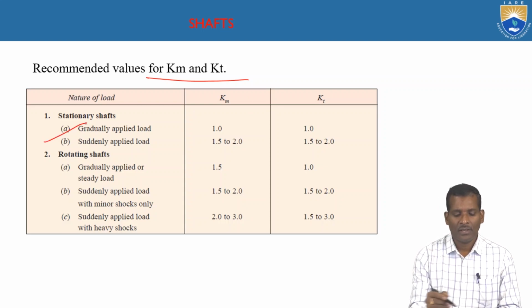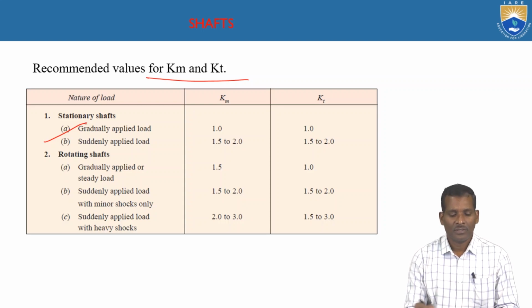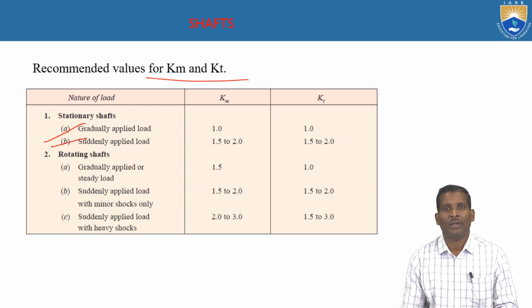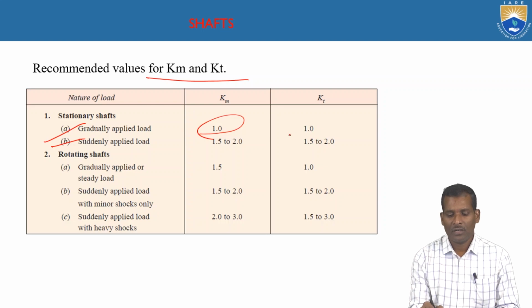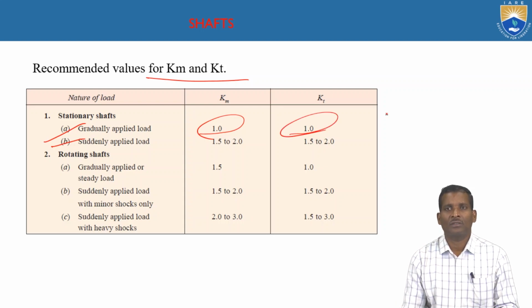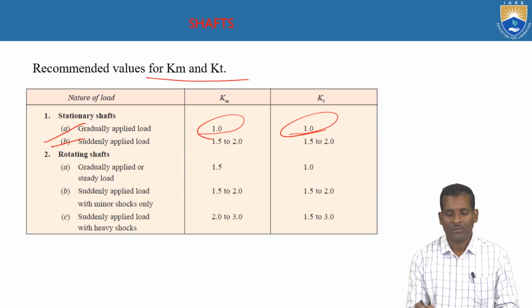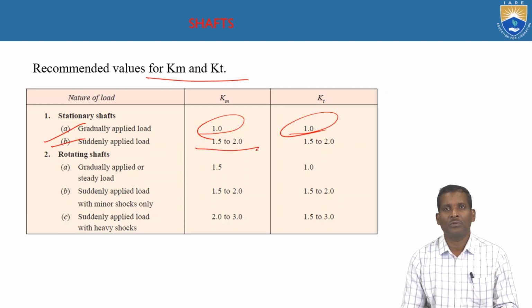First case, gradually applied load; second case, suddenly applied load. For gradually applied load, Km is 1 and Kt is 1. In the case of suddenly applied load, nothing but impact loads, you should take Km as 1.5 to 2 and Kt as 1.5 to 2, the same values.